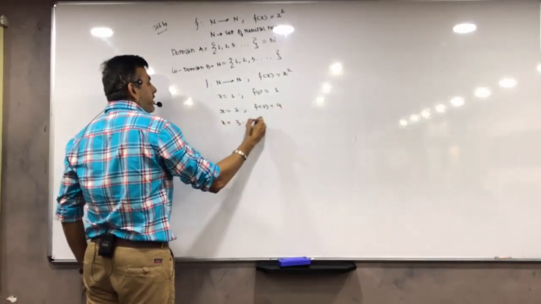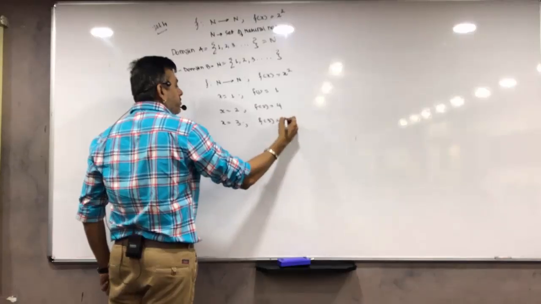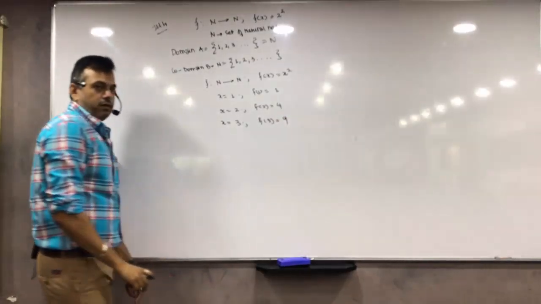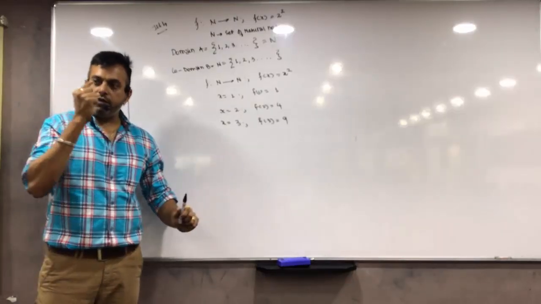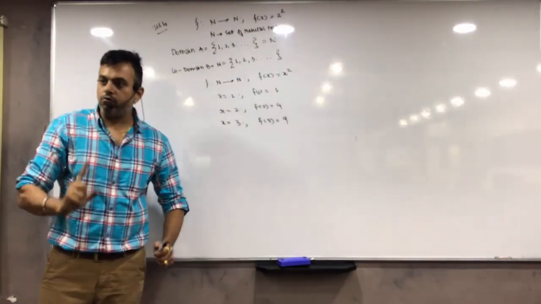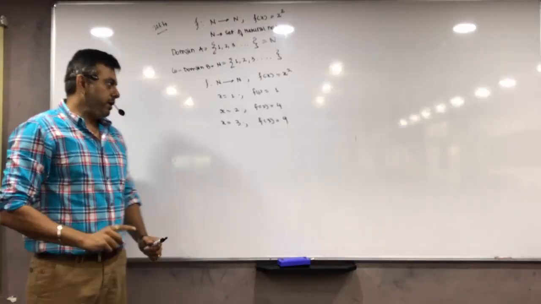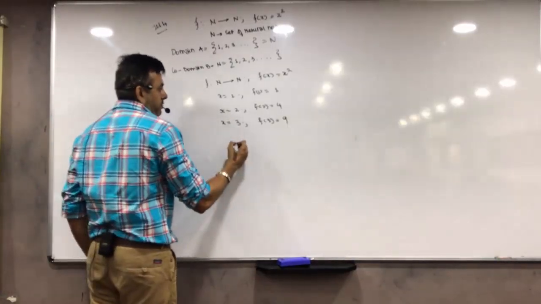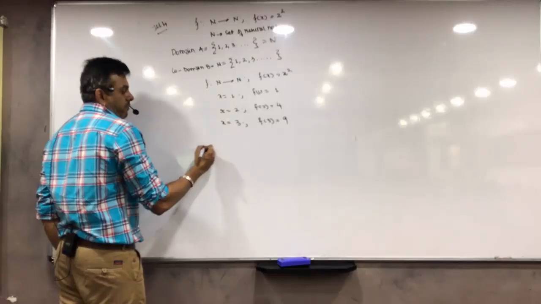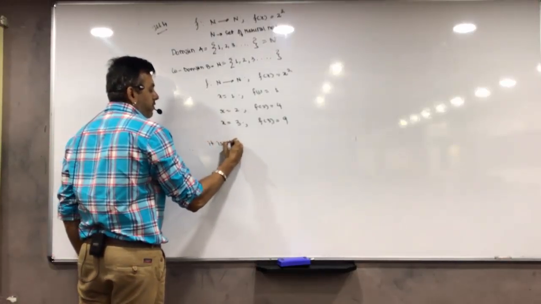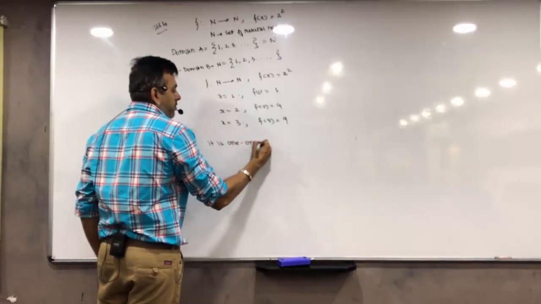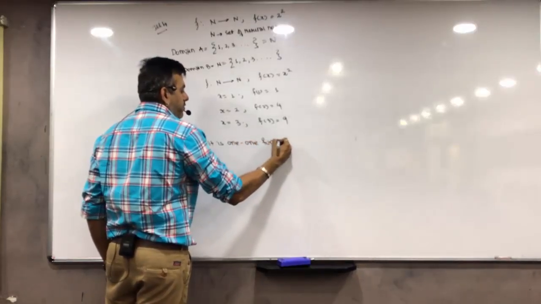X is equal to 3, f of 3 is equal to 9. So can I say for one input there is only one output? So which function? It is a one-one function.